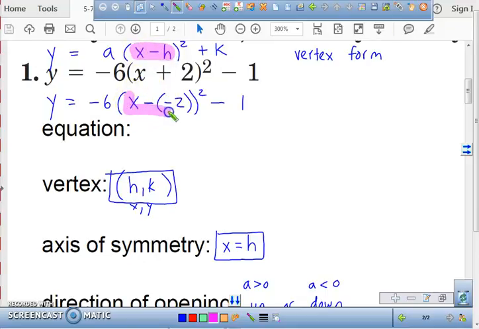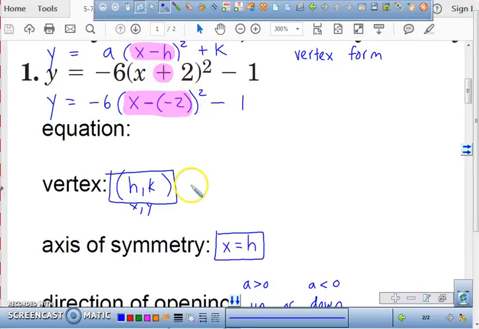You could also write things as x minus a negative 2. Now what happens to these negatives? They cancel out and become a positive. So what I need you guys to understand is that your h value is actually equal to the value of a negative 2. This is your h value.